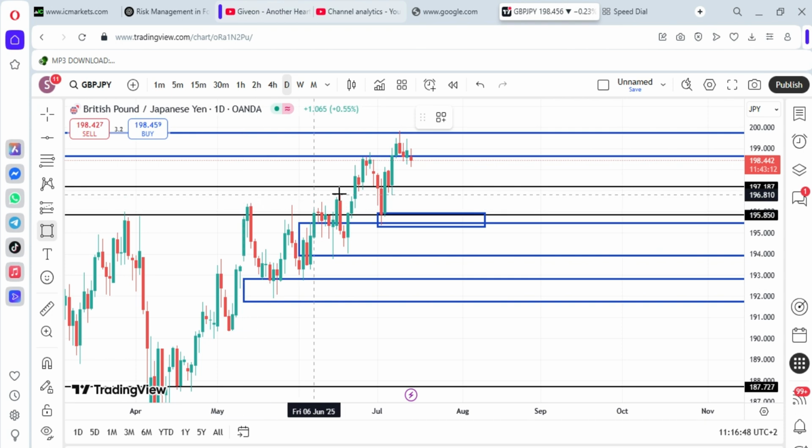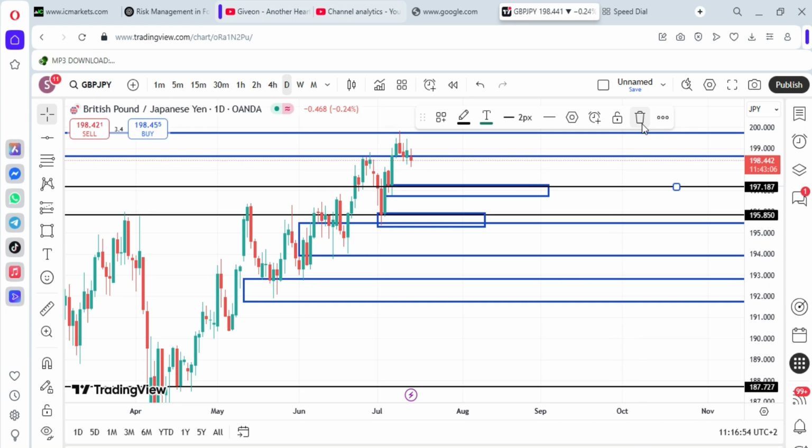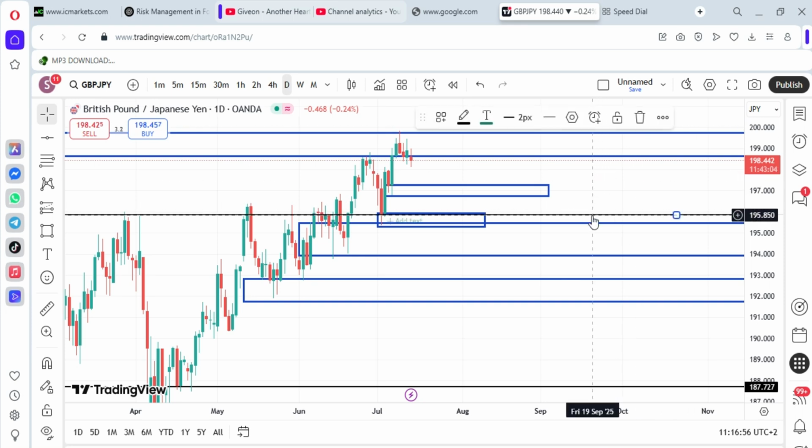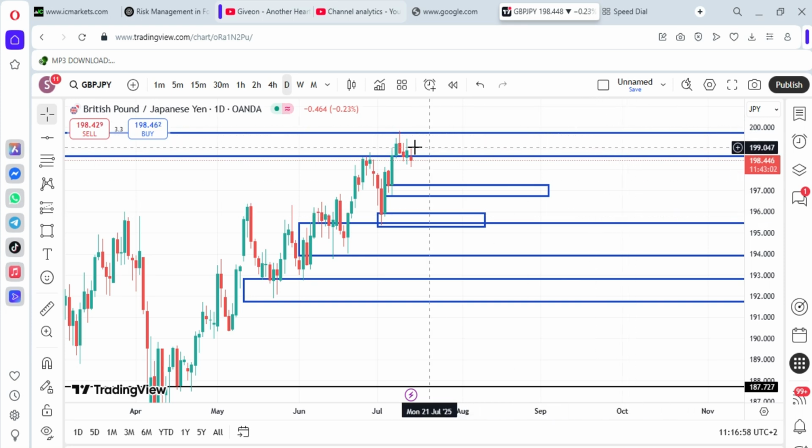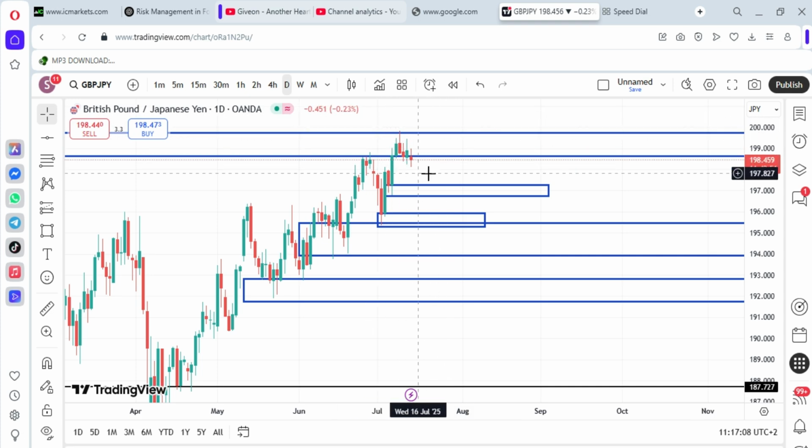Danger zone. As you can see, price looks like it wants to move in a bearish momentum, but we can't place a trade yet because it hasn't yet formed a reversal pattern.